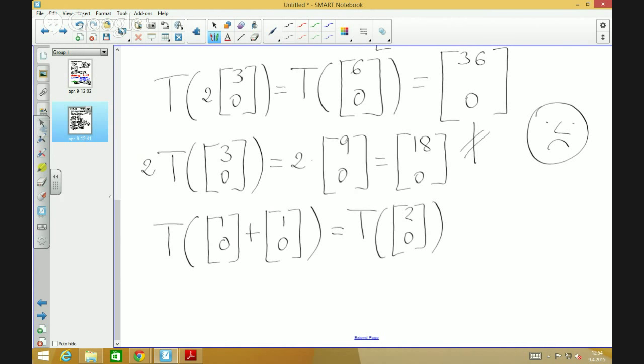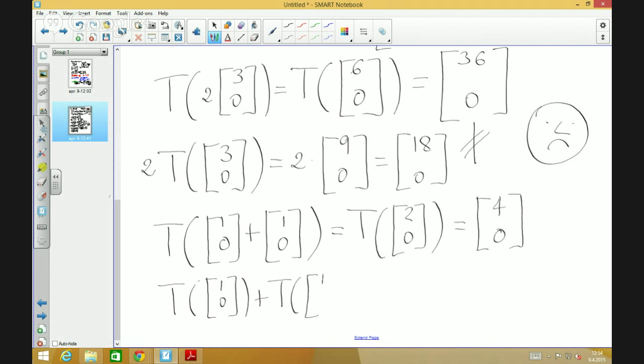And now, if I apply T to this vector, I'm squaring the x component, and I'm mapping the second one to 0. On the other hand, if I compute the value of T applied to (1, 0) plus T applied to (1, 0), what is it that I'm going to get?